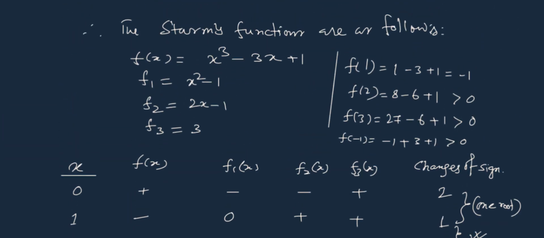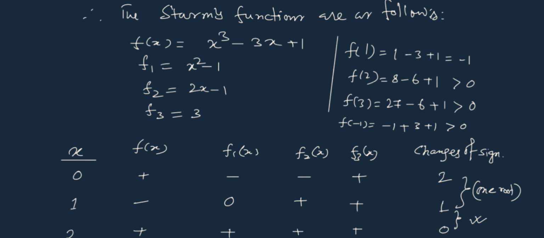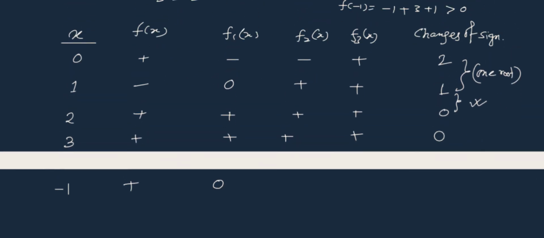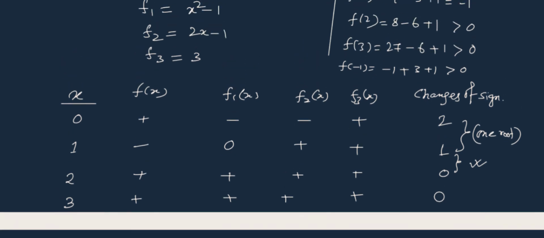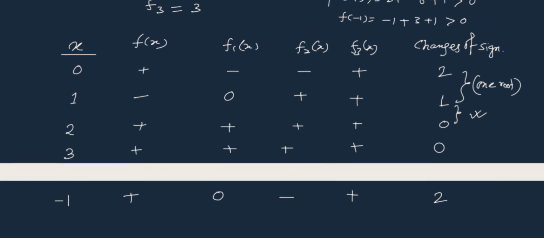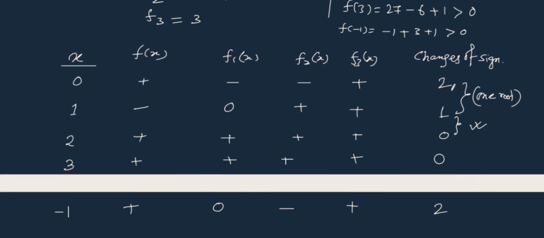For f1 will be 0. f2 will be negative and then positive. That means one change and then one change. Total two changes. See, between 0 and negative 1 there is no negative roots.